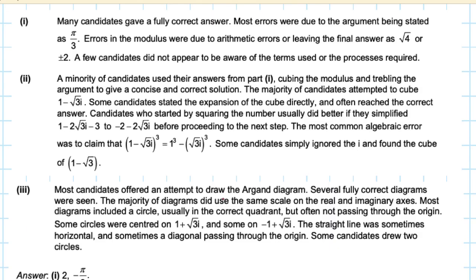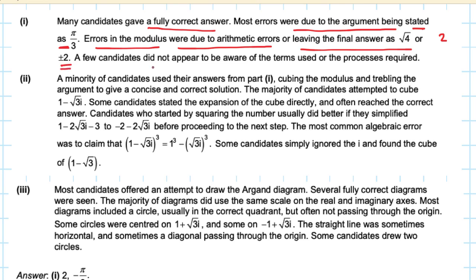Okay, so many candidates gave a fully correct answer in part 1. Most errors were due to the argument being stated as pi by 3. Errors in the modulus were due to arithmetic errors or leaving the final answer as square root 4, which we should have written as 2 or plus minus 2.